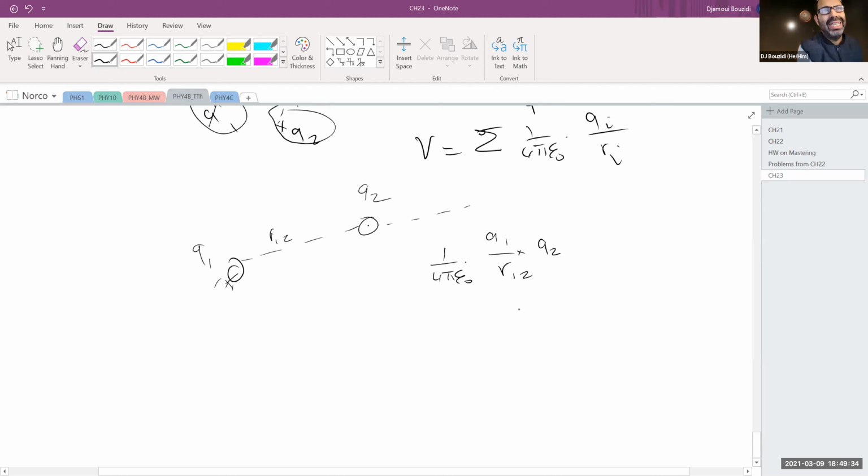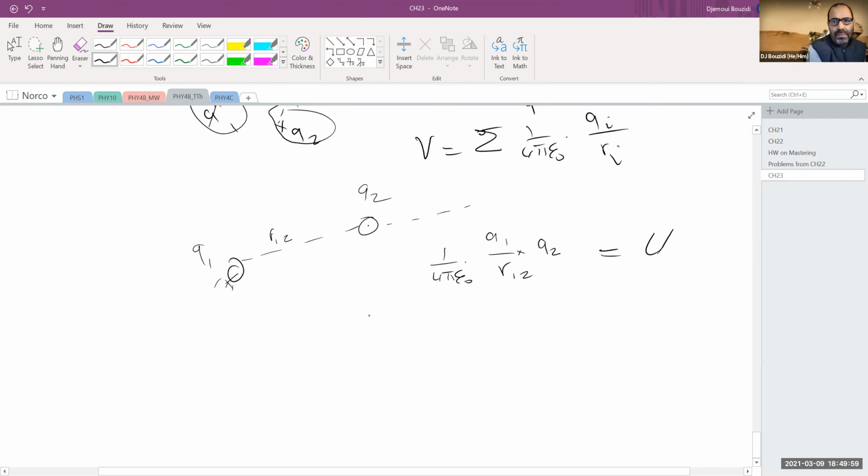So this is the energy needed to collect these two charges next to one another. Because if I release one of them, it is going to be repelled, and that potential energy is going to convert into kinetic energy, in the form of 1/2 mass times velocity squared.